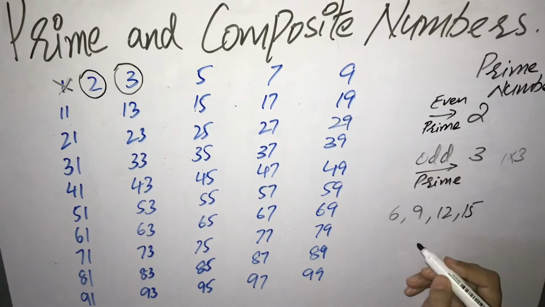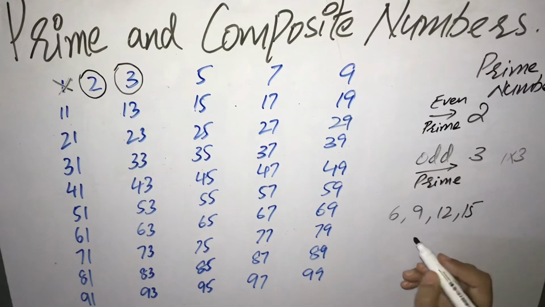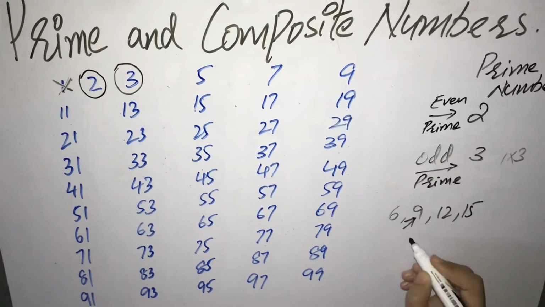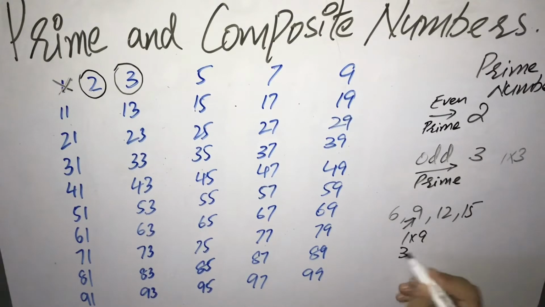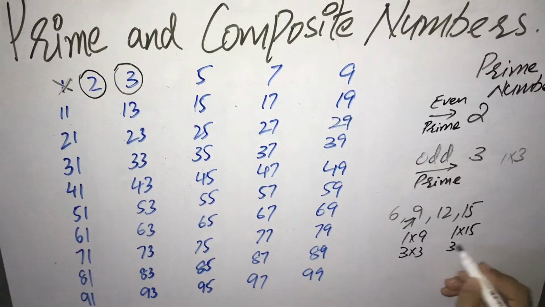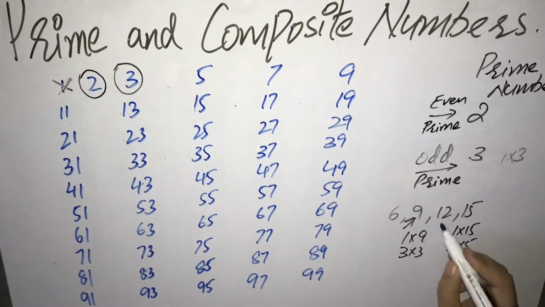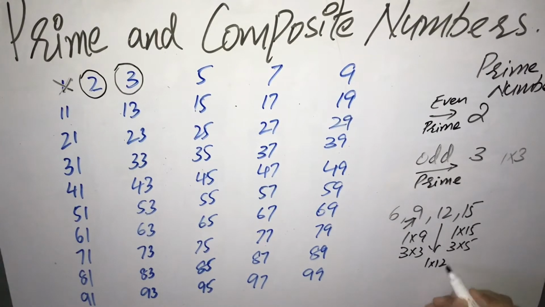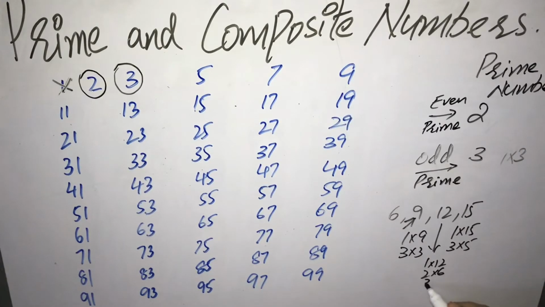All the multiples of 3 have more than 2 factors. For example, 9 has 1 into 9, 3 into 3. 15 has 1 into 15, 3 into 5, more than 2 factors. 12 has 1 into 12, 2 into 6, 3 into 4, 6 factors. So all the multiples of 3 will be composite as they have at least 3 factors.